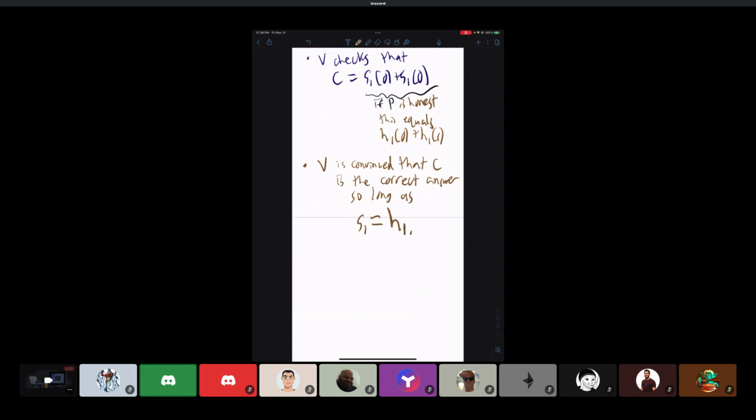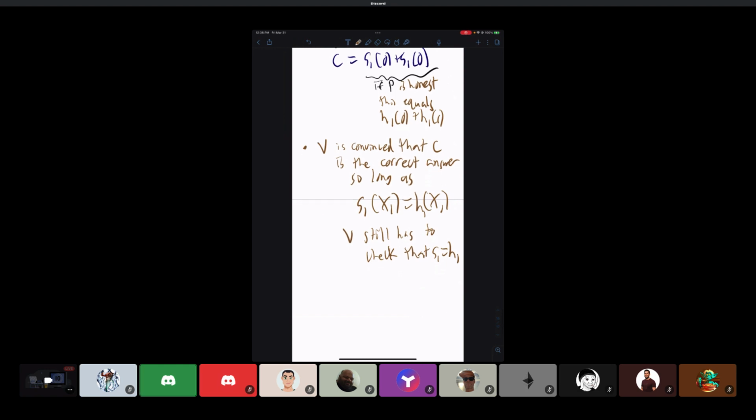But unfortunately, V still has to check that S1 equals H1. Remember, these are polynomials, so S1 of X1 equals H1 of X1, if you want me to write out the variables there.